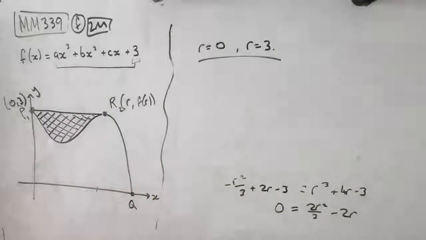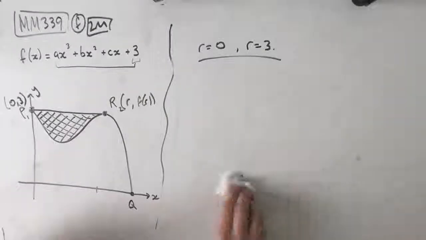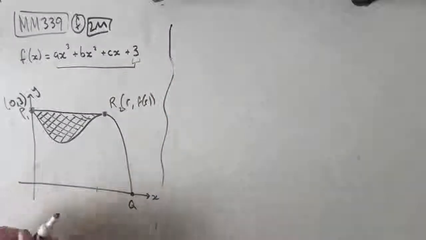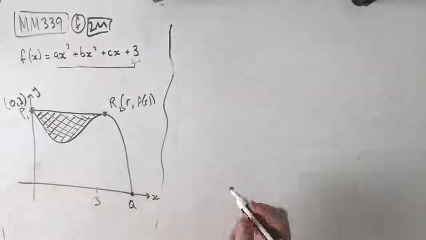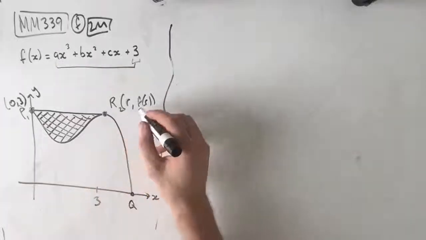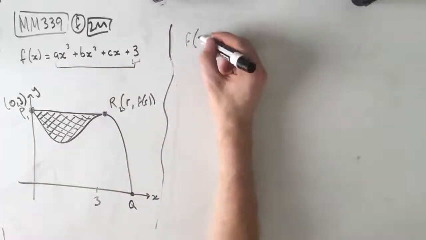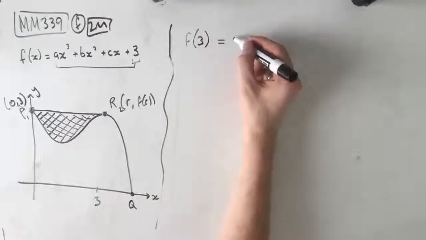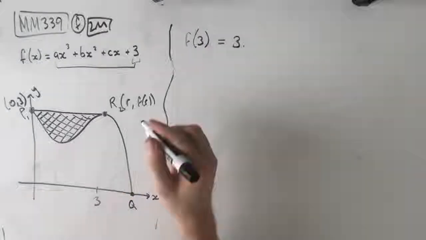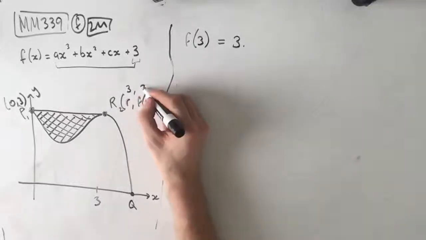Awesome. Sweet. So next thing is we know that this is now at 3, and we can sub our value of 3 in to get our y value, right? So f of 3 actually works out to be 3, okay? So this is 3, 3.